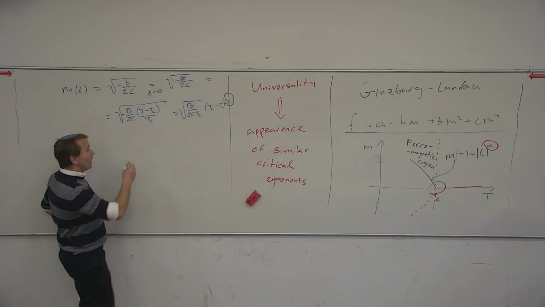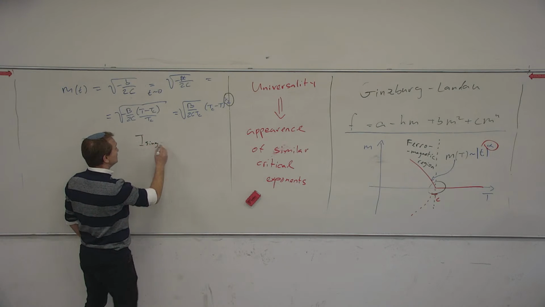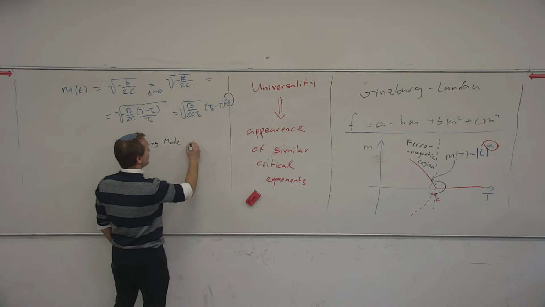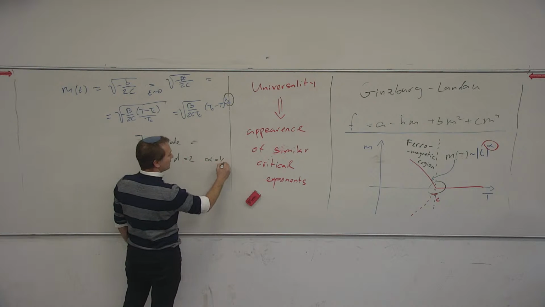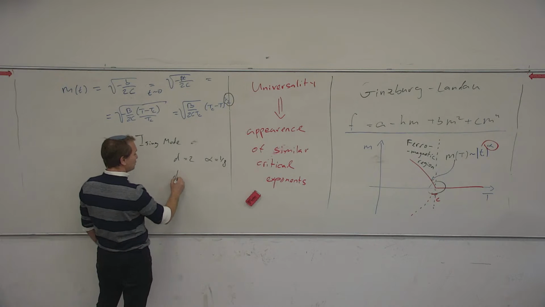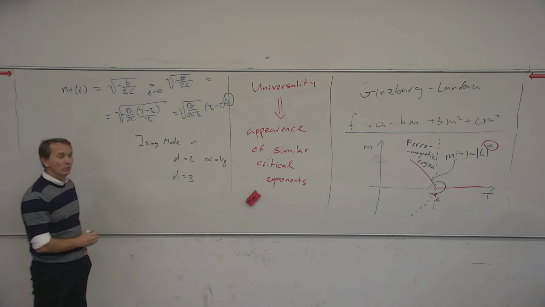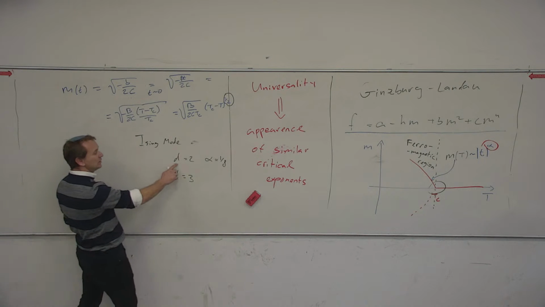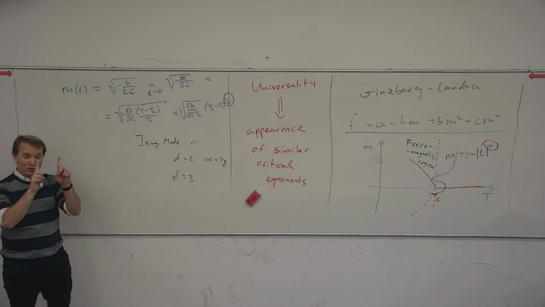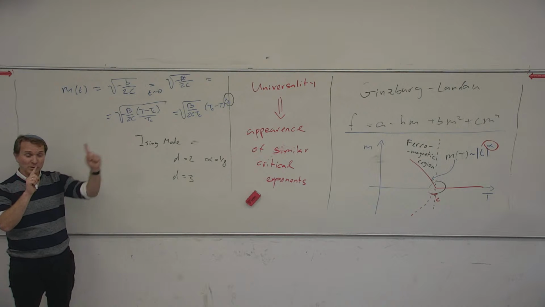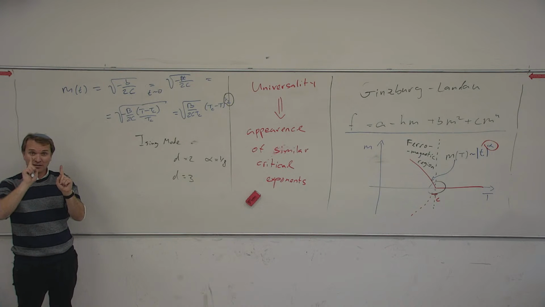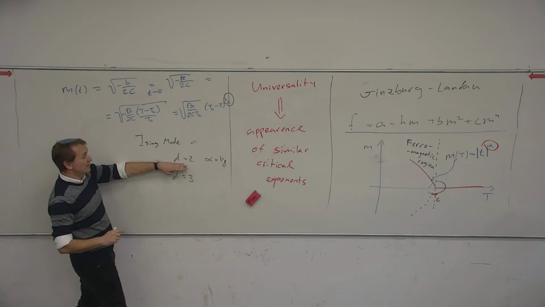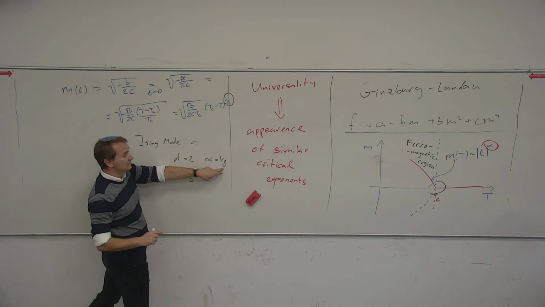So for the Ising model, if d equals 2, this alpha equals 1/8. The Ising model can be solved in 2 dimensions, and only for nearest neighbors. I cannot solve it when every spin affects every other spin, only when I'm affecting spins in my neighborhood. Only then can the Ising model be solved, and we obtain that alpha is 1/8.